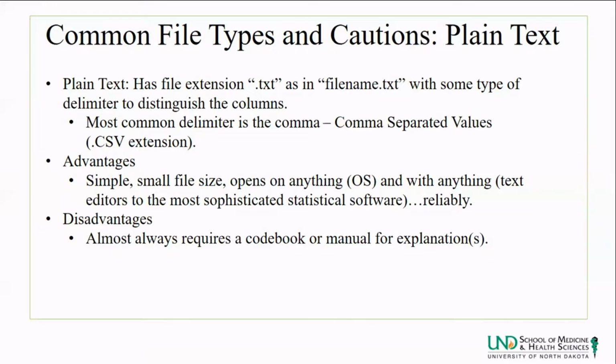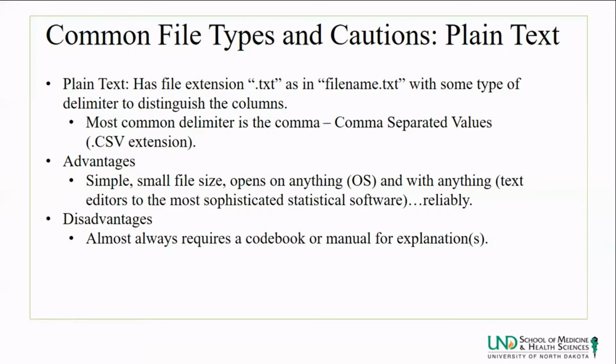Remember what we said, rows and columns. Okay, each row represents a case. Each column represents a variable. The first row is probably going to be a header, which is the variable names, but each column will be delimited or identified by some symbol. And the most common, of course, is the comma.